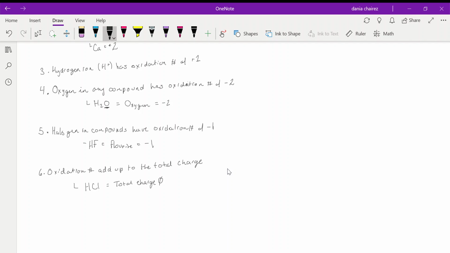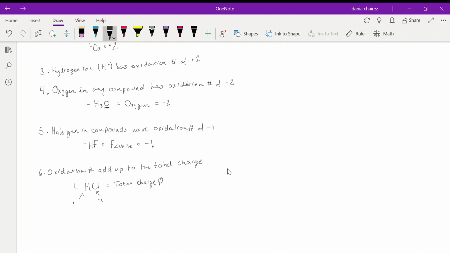Because it doesn't have a minus or a plus next to it, it's 0. These things cancel each other out. You have a positive and a negative. So then, per our rules, a hydrogen ion has an oxidation number of +1, and a halogen in a compound has an oxidation number of -1. So therefore, if we add 1 plus a -1, we get 0. They cancel each other out.